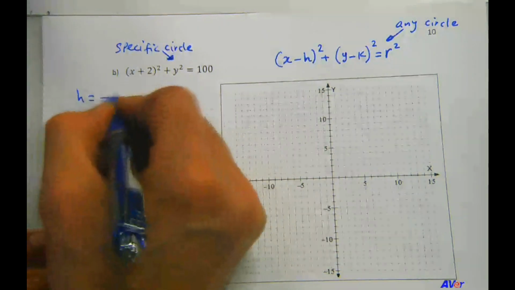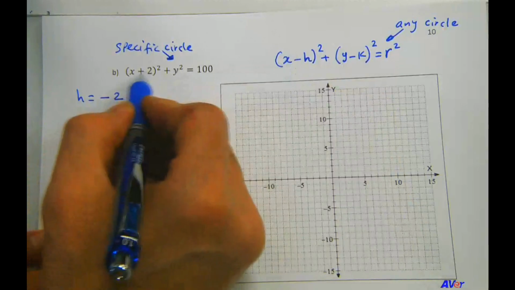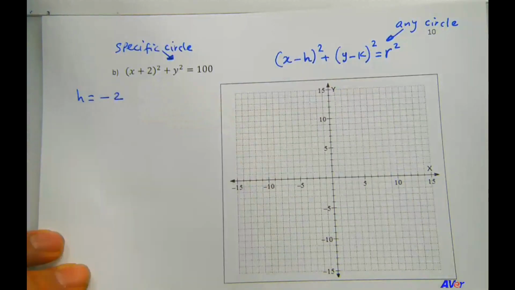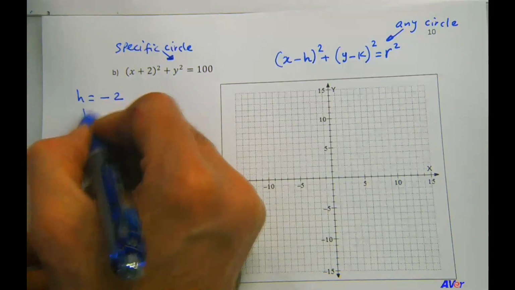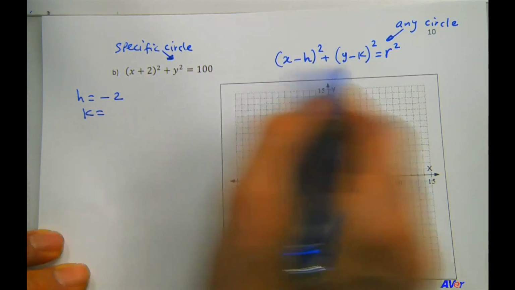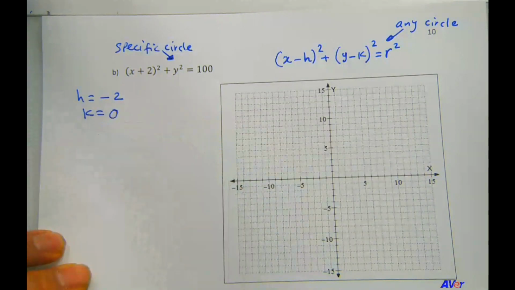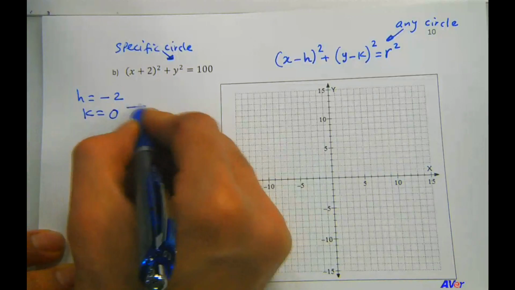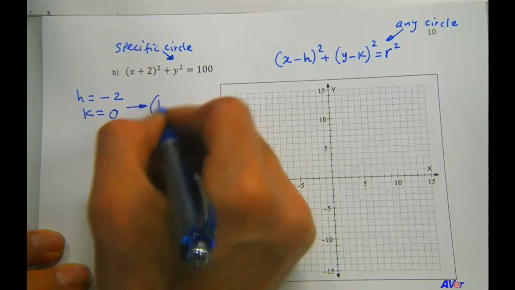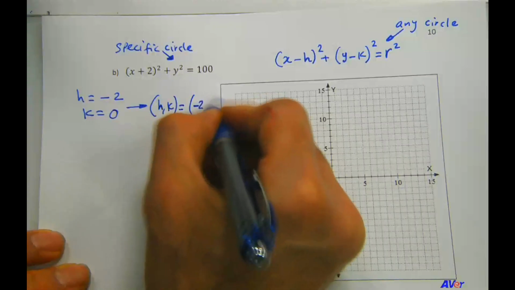H must have been -2, because minus 2 will give you the positive 2 you see here. What about k? What would k have to have been? Compare this with that. K must have been 0. Right? So based on that, h comma k is equal to -2 comma 0.